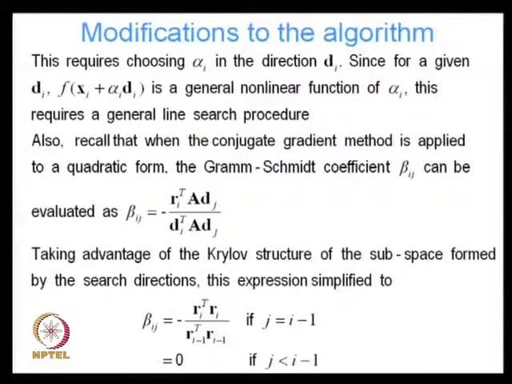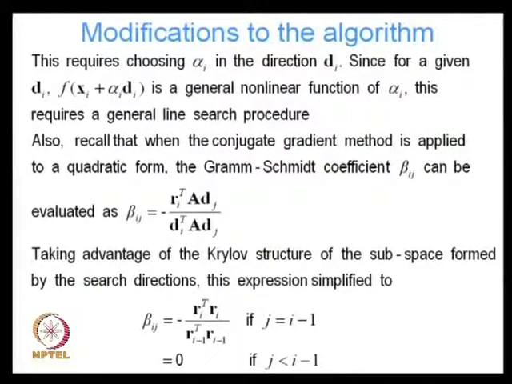Because when we use the conjugate gradient method for quadratic form, the Gram-Schmidt coefficient beta ij, we evaluated it as beta ij is equal to minus Ri transpose a dj divided by di transpose a dj, and we took advantage of the Krylov structure of the subspace formed by the search directions to simplify the expression for beta ij to get beta ij equal to minus Ri transpose Ri by Ri minus 1 transpose Ri minus 1, right.